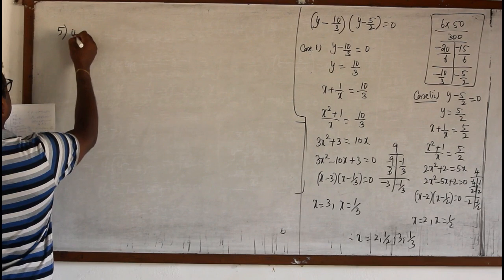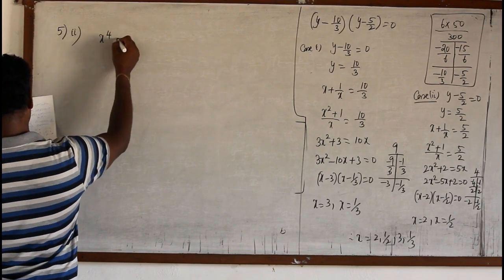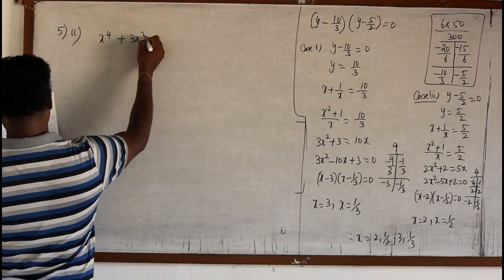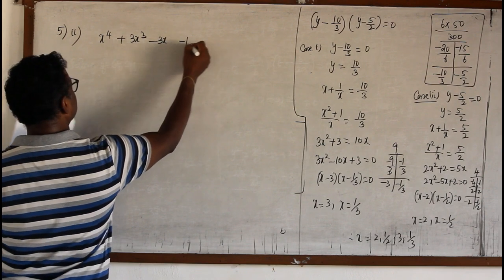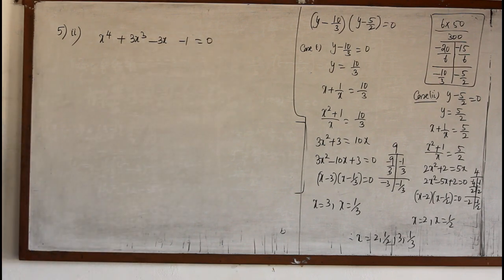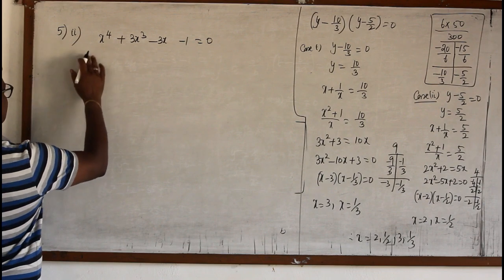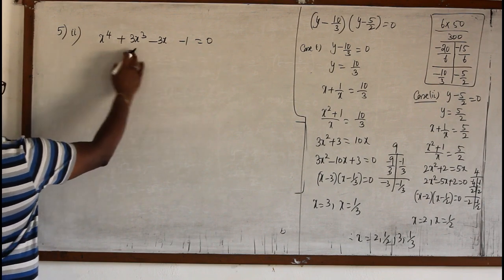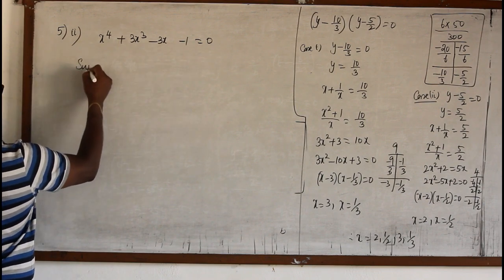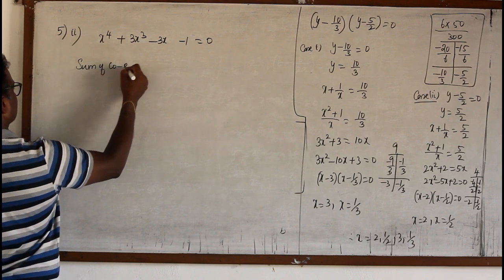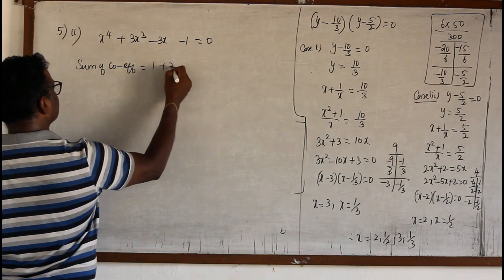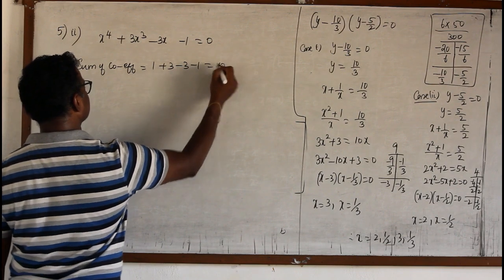Under 5, now the second problem: x⁴ + 3x³ − 3x − 1 = 0. Now, by seeing itself, we can say 1 is a root because the sum of coefficients, 1 + 3 − 3 − 1, is 0.